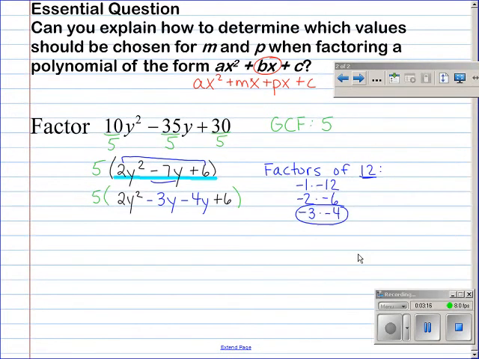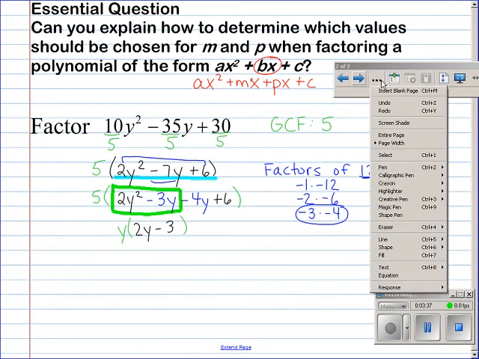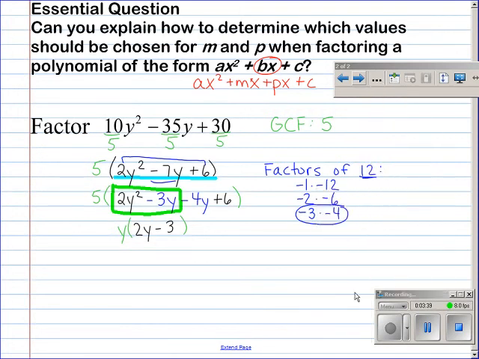If we look at the first two terms here, they have a greatest common factor of y. If I divide those first two terms by y, I would be left with 2y minus 3. Now, if I look at the last two terms, my GCF would be a 2.